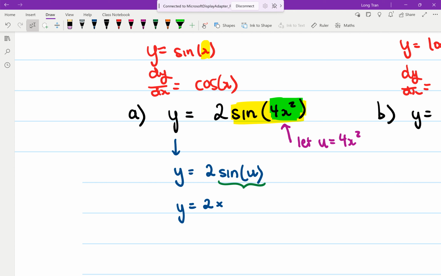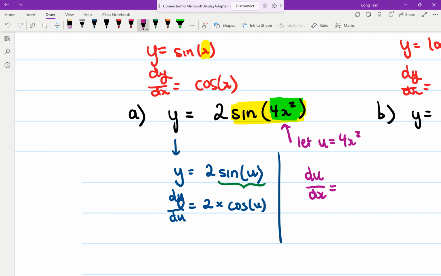So here I can write cos of the letter u. I've made my problem easier because I've replaced the 4x squared with a third variable. So here I've got delta y, delta u. Now I'm trying to find delta u, delta x.